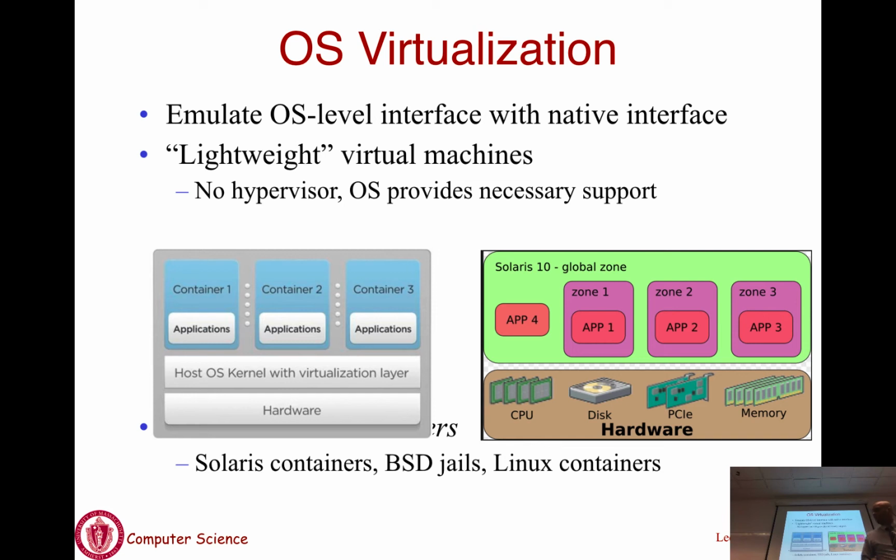They are called containers or zones in Solaris. They are called containers in Linux. In BSD, they are called a jail. Jail essentially says you jail a process so it cannot see or access anything outside that jail. Only resources that are allocated to that jail will be accessible to it. Same is true for a container. These are two examples that essentially show the same thing.